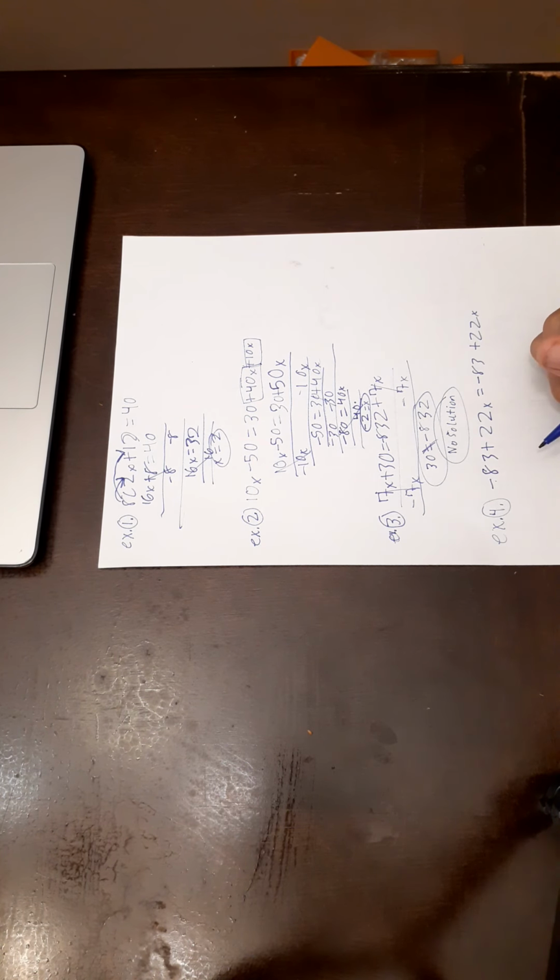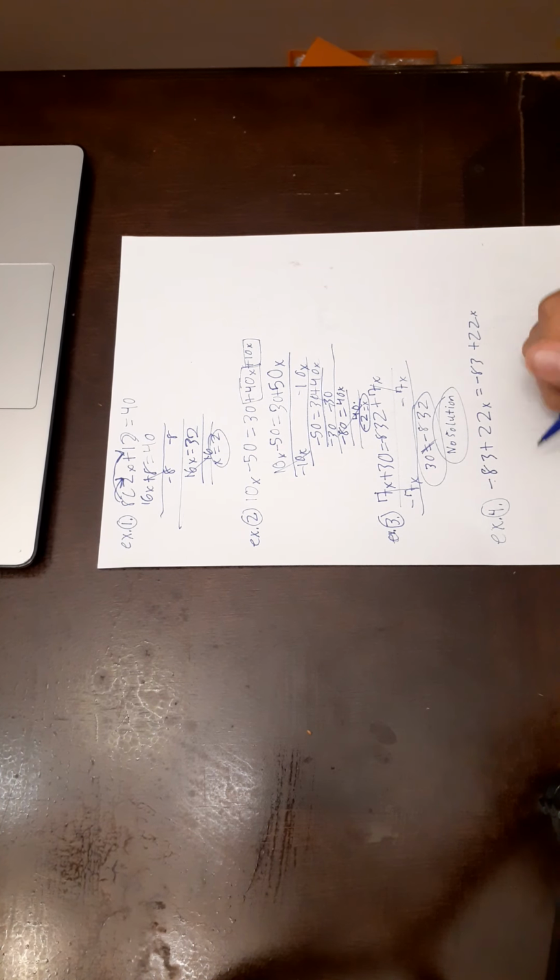The next example is infinite solution, meaning the solution, trying to solve it, will go on forever. So both sides are the same.